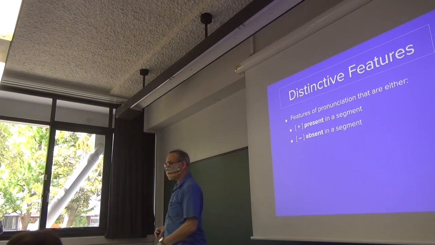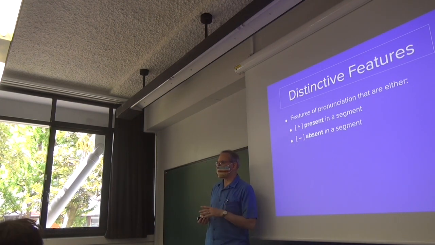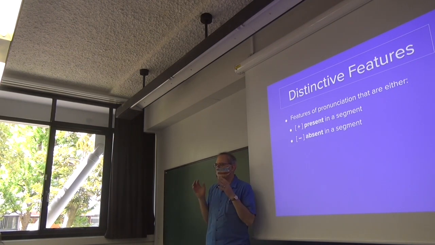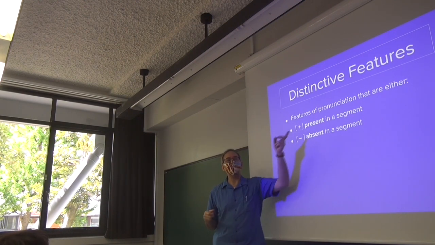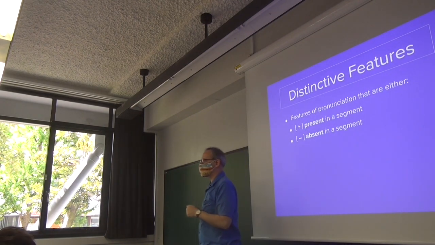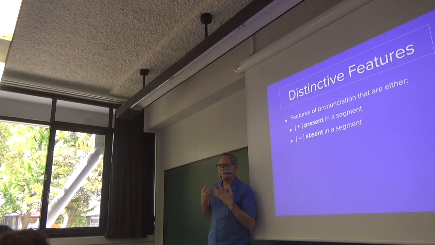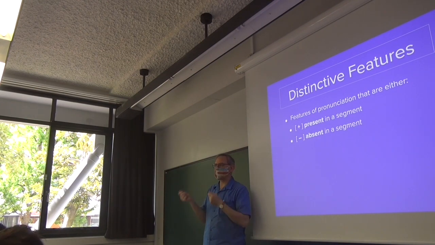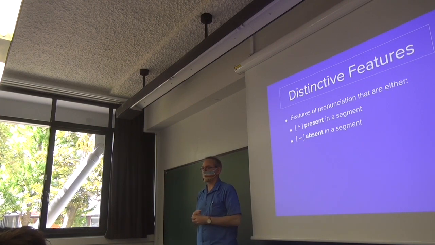Which is to recognize that segment pronunciations are actually combinations of particular properties or characteristics, what we call features of pronunciation. Distinctive features refers to the features of pronunciation that distinguish speech sounds from each other.